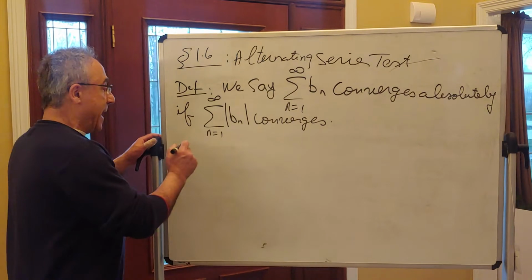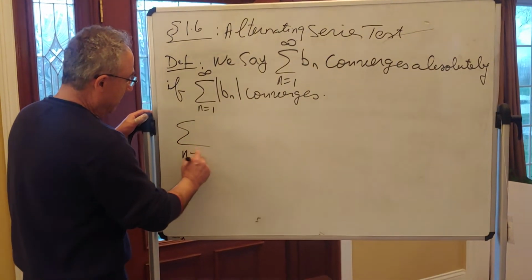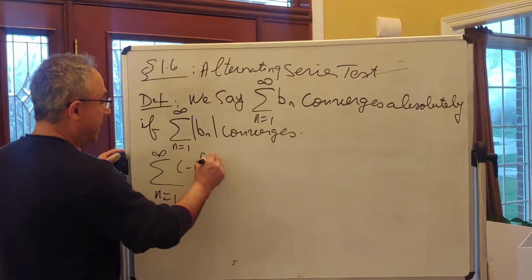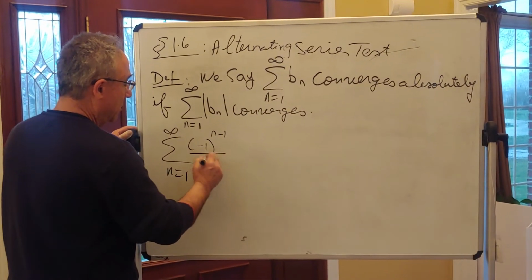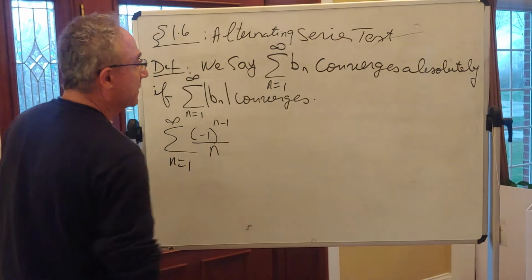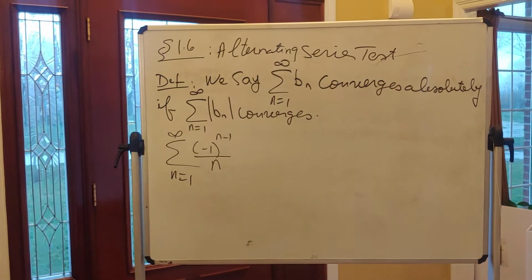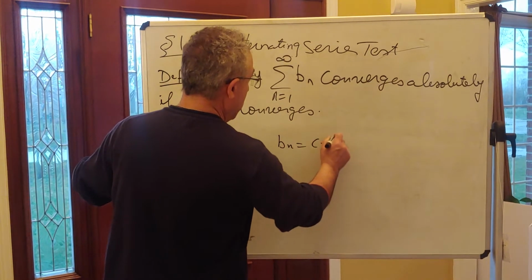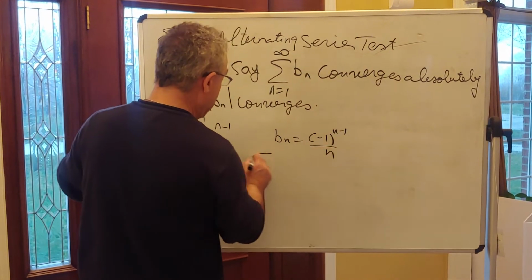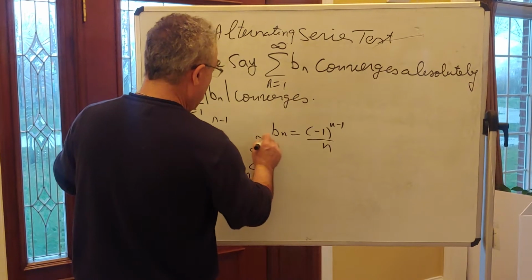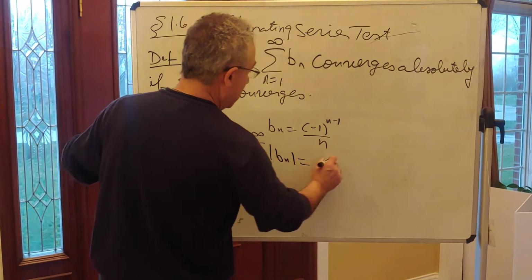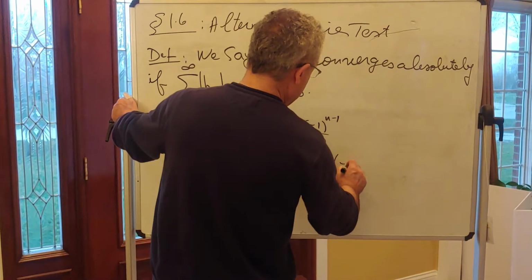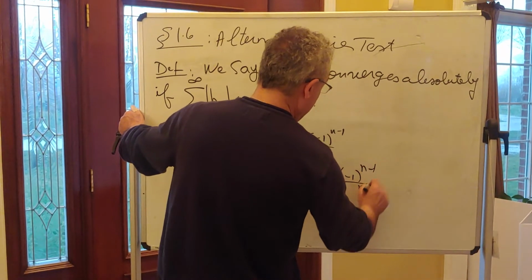Let's take a look at, as an example, the sum from n equals 1 to infinity of minus 1 to the n minus 1, over n. Here bn is minus 1 to the n minus 1 over n.